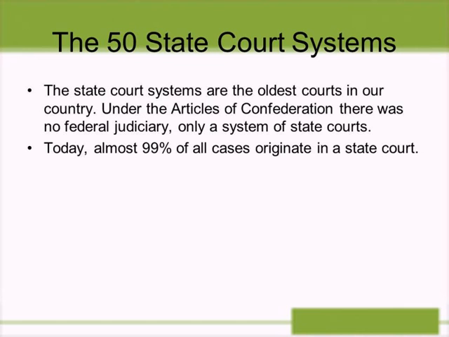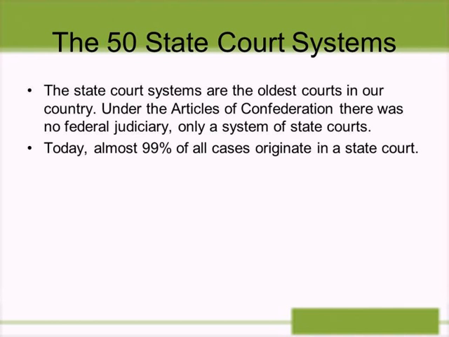Now, there is an opportunity in certain circumstances for my case that starts at a state level to carry over into the federal court system, but that's a very unusual situation. Most cases start in the state court system and stay in the state court system.